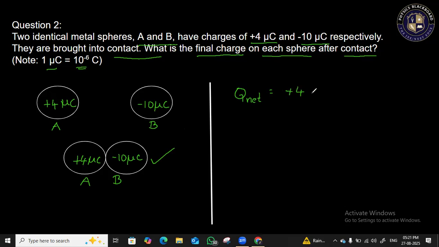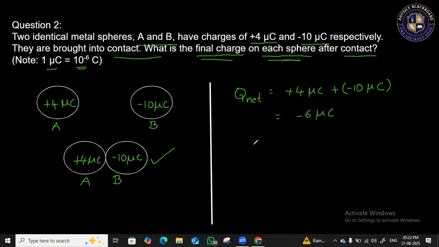That is the charge of sphere A, plus 4 microcoulombs, plus the charge of sphere B, that is minus 10 microcoulombs. Now together you will get a net charge of minus 6 microcoulombs. This is the net charge of both the spheres when they are kept in contact. But you need to find the final charge of each sphere, right?